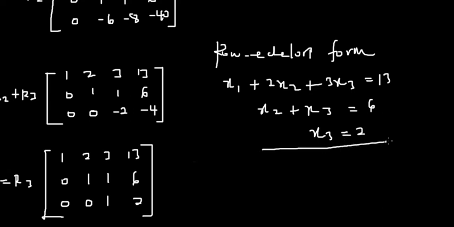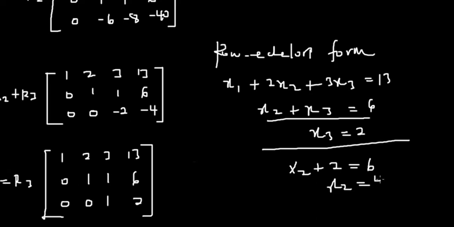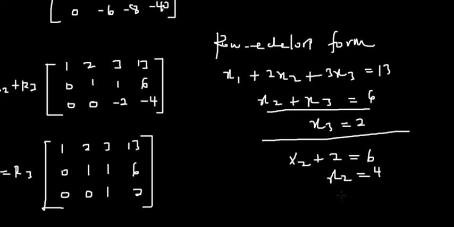From here you can notice that x3 is equal to 2, so we can substitute that into this expression to get x2. So x2 plus x3, and we know that x3 is 2, so x2 plus 2 equals 6. When you find x2, you end up with 4. Now let's substitute x2 and x3 to find x1.